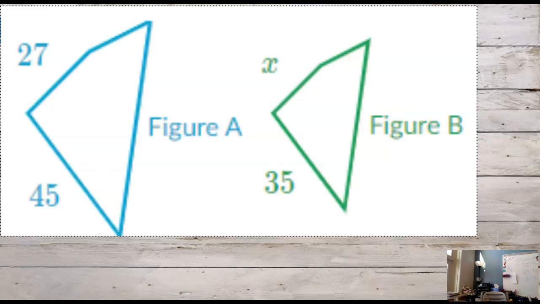So the last thing I said is what we can do is just do 27 times the scale factor of 35 over 45. But that gets me a bonkers crazy big answer. And both of these are actually divisible by 45. So now I divide.